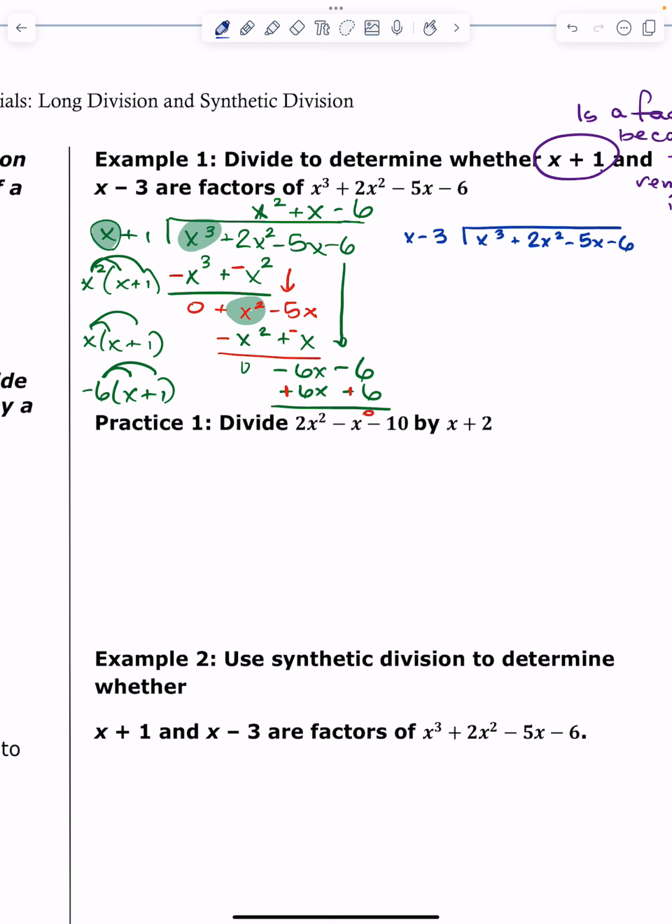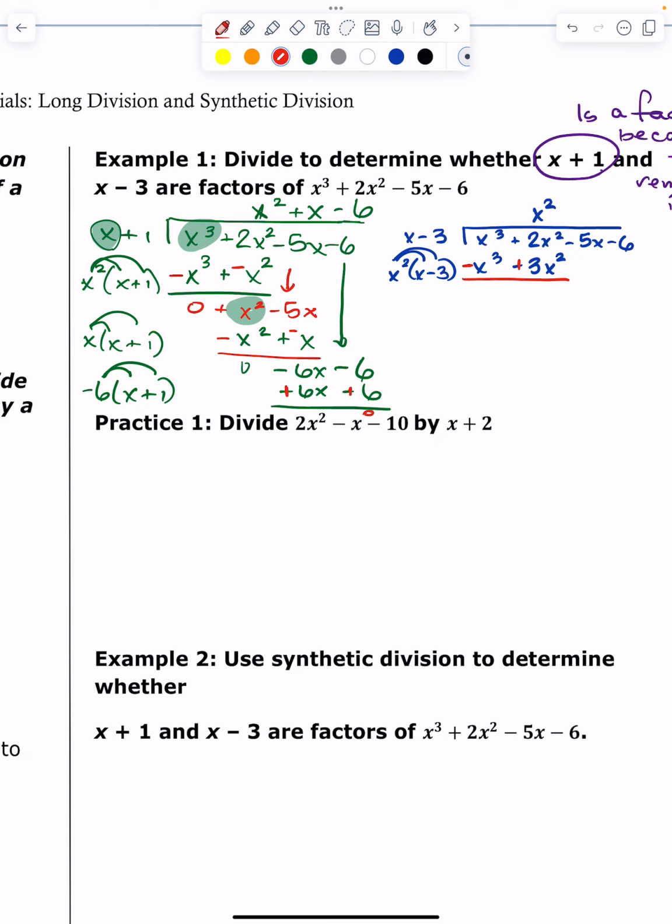I multiply again by x squared to make that x to the third term. x to the second times x is x to the third. x to the second times negative 3 is minus 3x squared. I am subtracting both terms, so minus x to the third minus negative 3x squared means plus 3x squared.